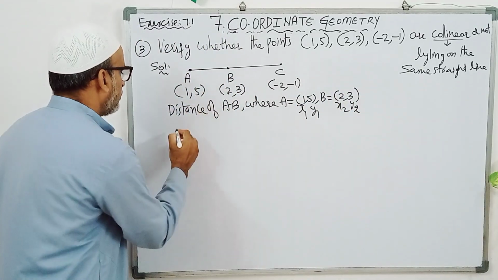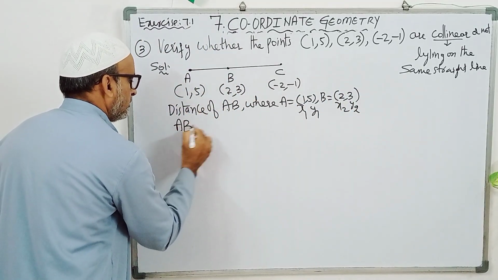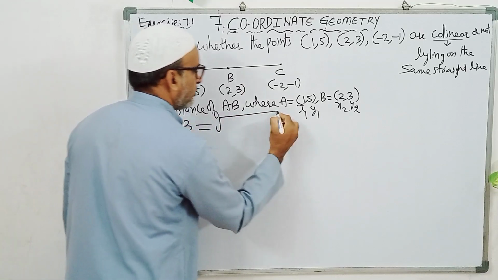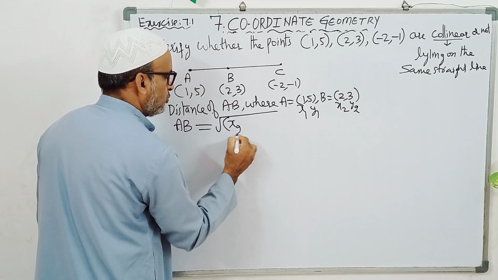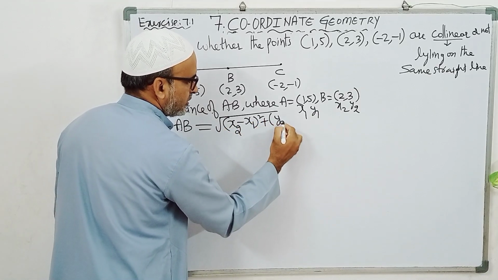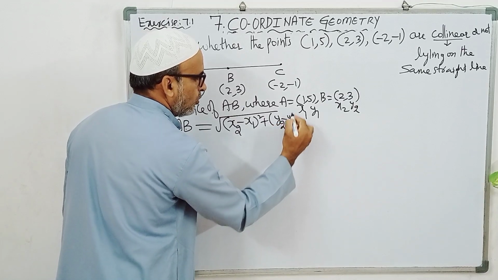Now the distance AB is equal to square root of (x2 minus x1) whole square plus (y2 minus y1) whole square.